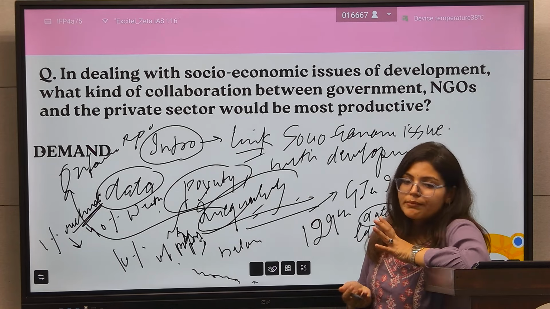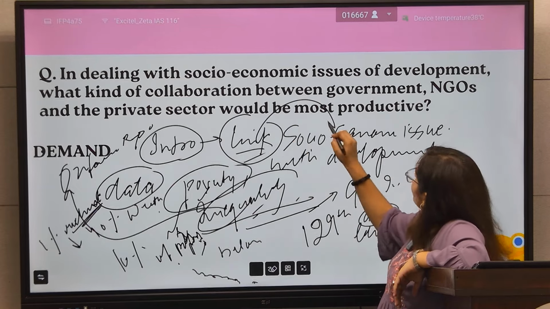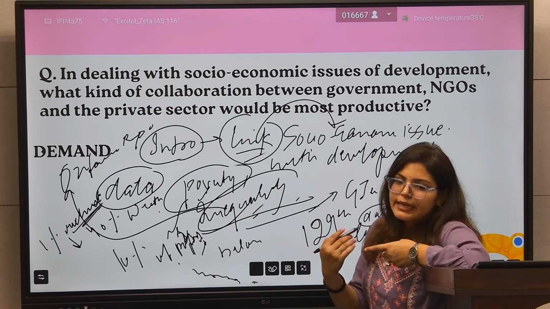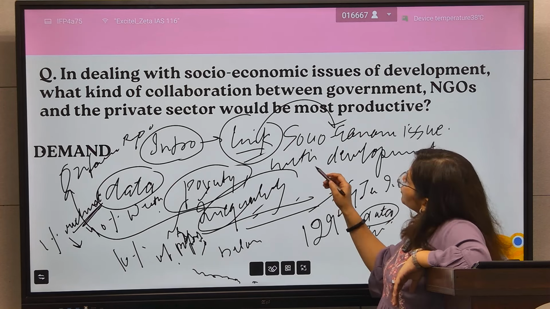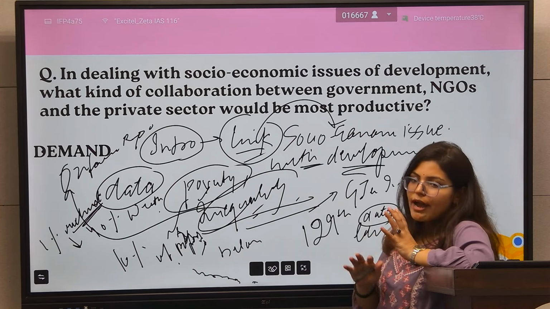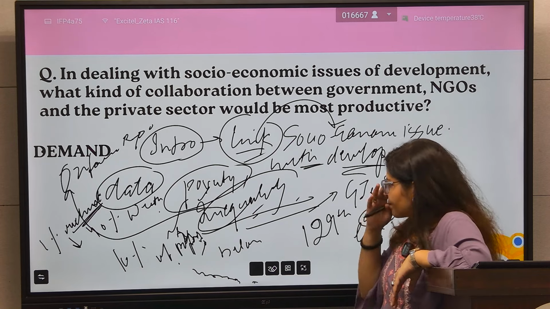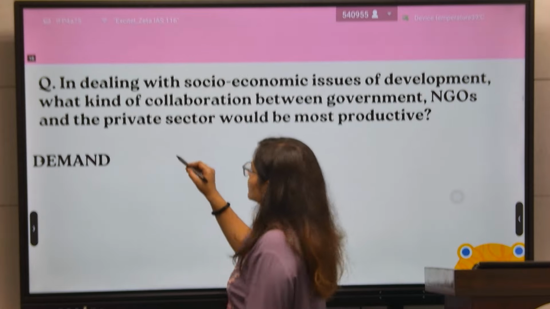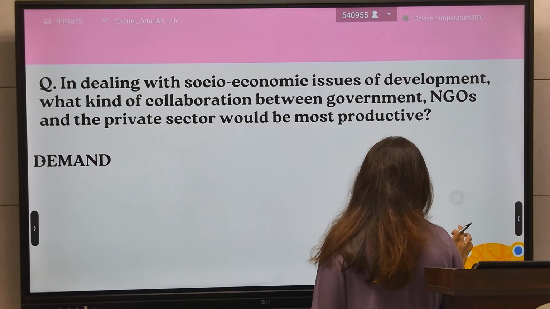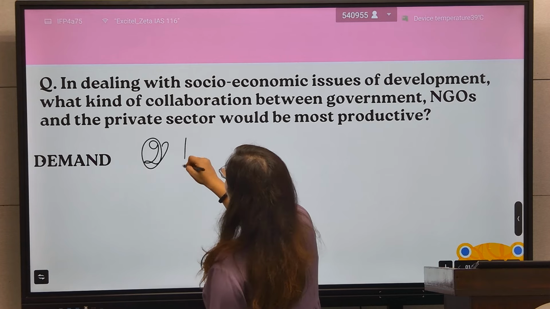Now if you don't remember the data, then in the intro link socio-economic issues, that is poverty, marginalized sections, inequality, which hinder development. So you have to link the socio-economic issues with development. Now the second demand is the kind of collaboration.